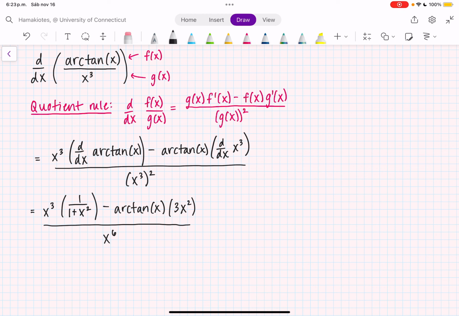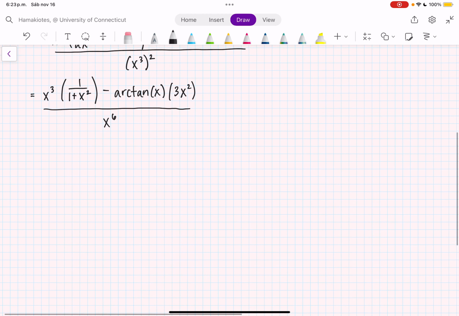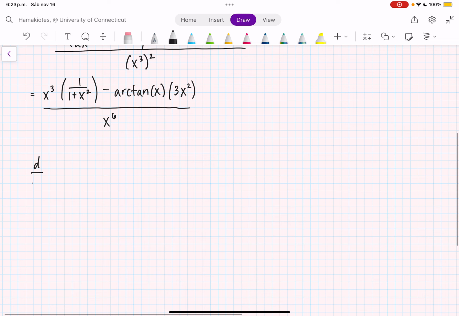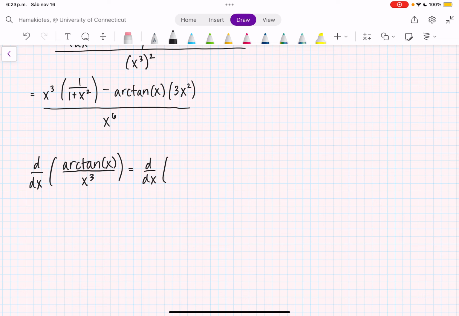But now let's try to rewrite arctan of x over x cubed and use the product rule. So what we can do now is, instead of looking at this as a quotient, we can rewrite this as arctan of x times x to the minus 3.